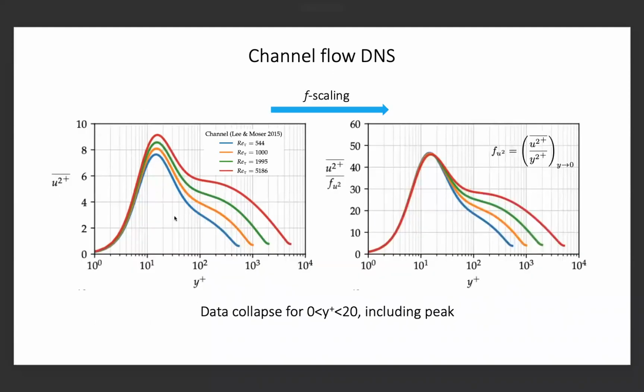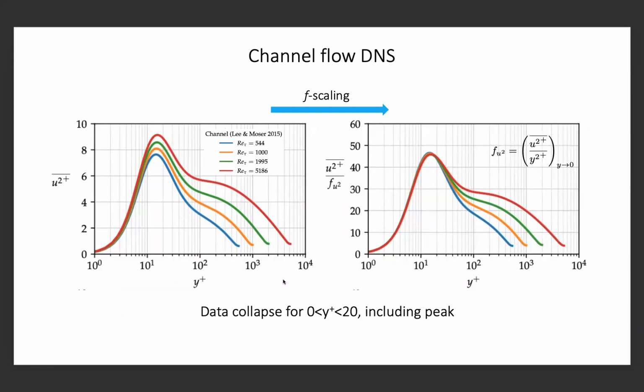Well, we can take the turbulence intensity, the scaling we see on the left, and let's divide it by this constant fu squared that was evaluated at the wall. And I'll call that f scaling. And what we see is a collapse of the turbulence intensity in the near wall region for a y plus of about 20.